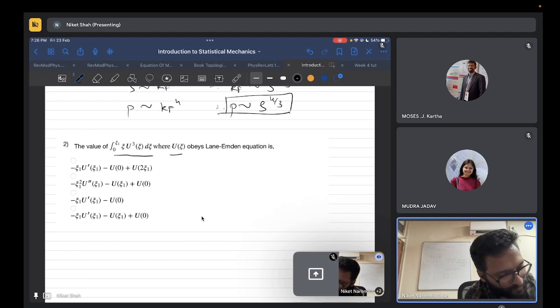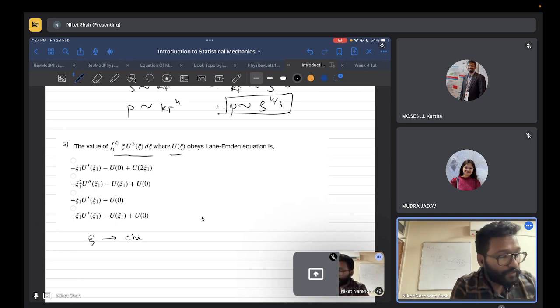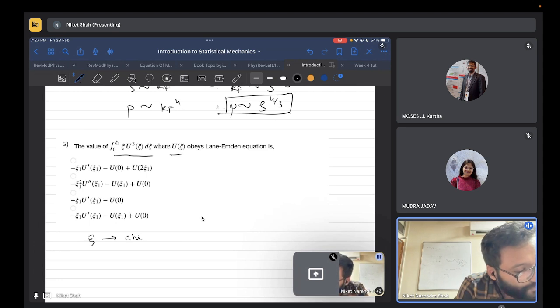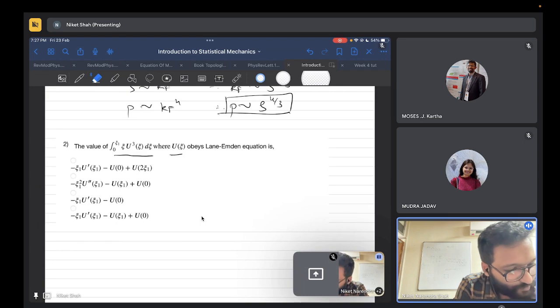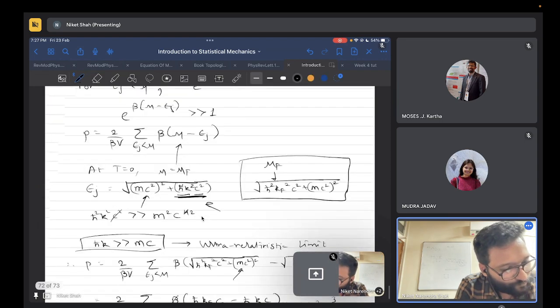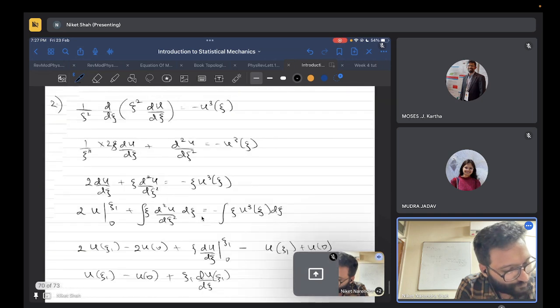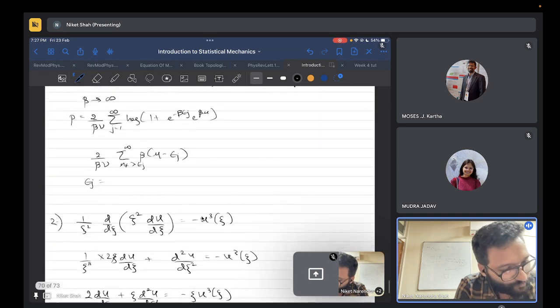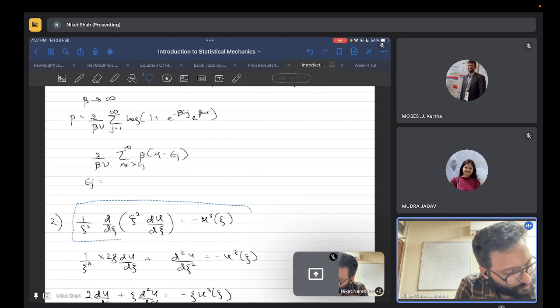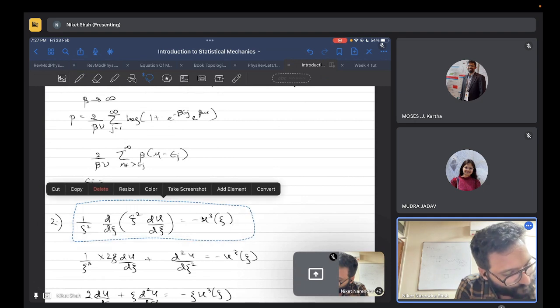It's chi or xi, something. Maybe I'll just call this chi. So where u of chi obeys the Lane-Emden equation. All right. So what was the Lane-Emden equation, by the way? This was the equation, right? So I'll just copy this right here.